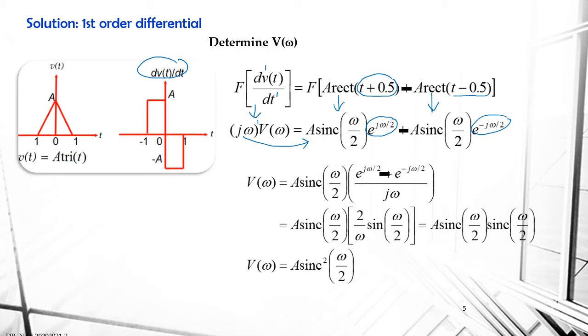If you notice, this is basically the shape of a sine function. The sine function in exponential form is (e to the j omega t minus e to the minus j omega t) divided by 2j. So modify the equation a bit. At the end, you will get V omega equal to a sinc squared of omega over 2.